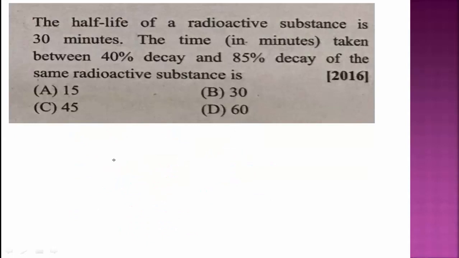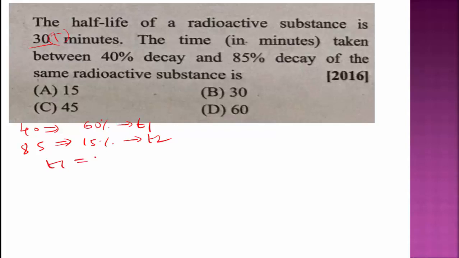And the next question is, the half-life of a radioactive substance is 30 minutes. The time taken between 40% decay and 85% decay of the same radioactive substance. Here for 40% decay, 60% remains and the time is T1, and for 85% decay, 15% remains and this is T2.